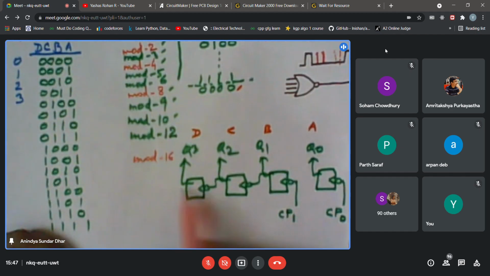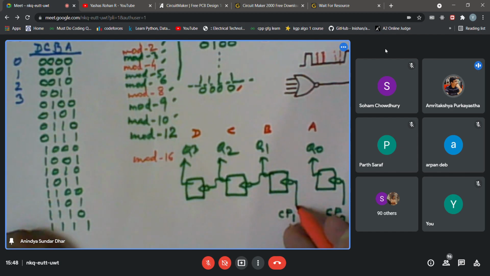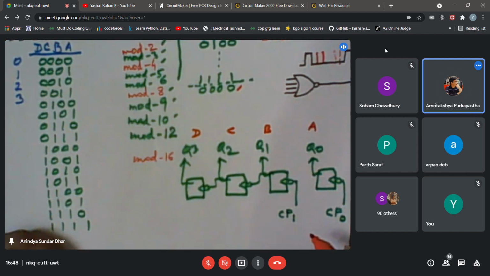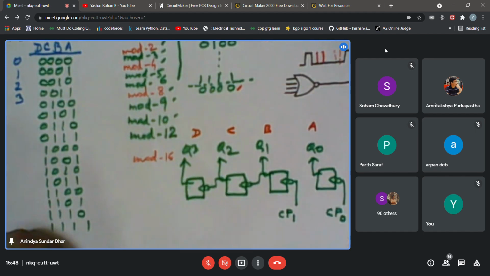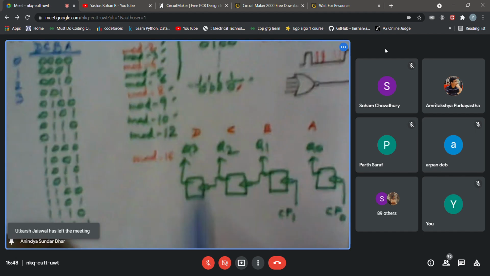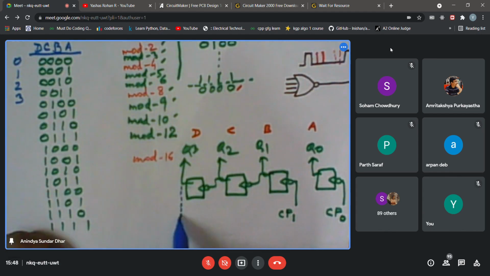You said B and D, right? So we take Q1 and Q3. Right, Q1 and Q3. Okay, so Q1 and Q3, maybe I can use a different color. So this I am having as that reset mechanism.